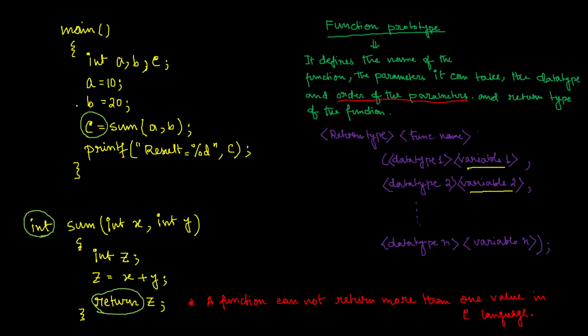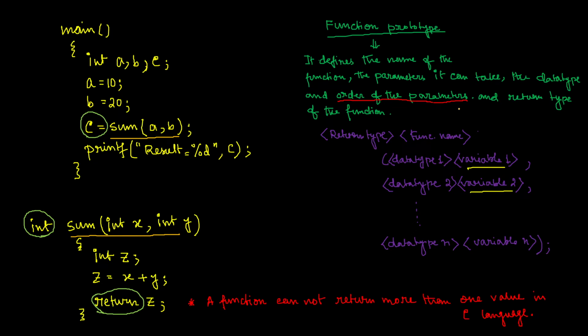Now regarding the function call and the function definition, if you see this line and this line, on this side you have a and b, and on this side x and y, and I have said that we have some parameters.